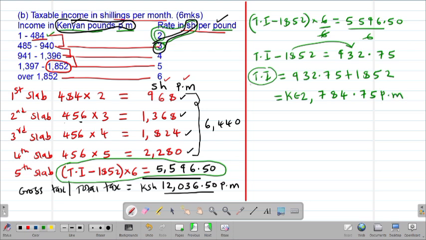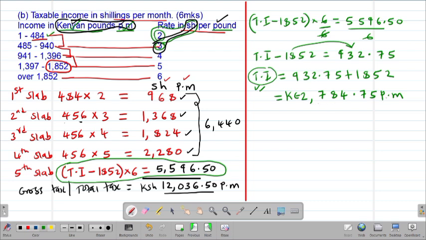So always remember that taxable income will always take the units of the table, because that is usually the first step.